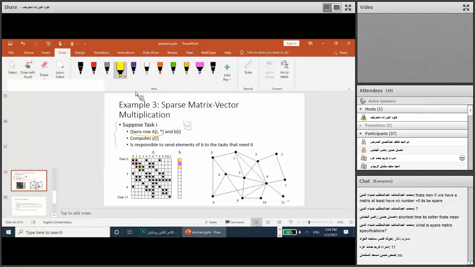Indeed, task I also has the other elements.